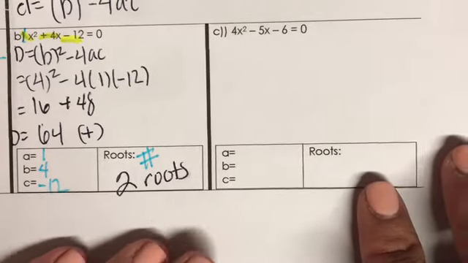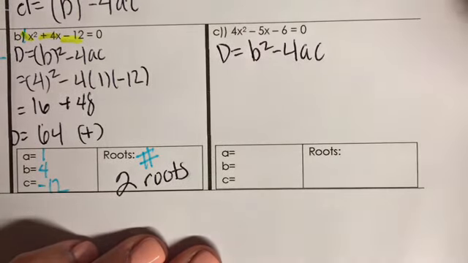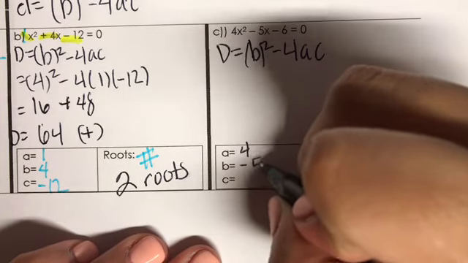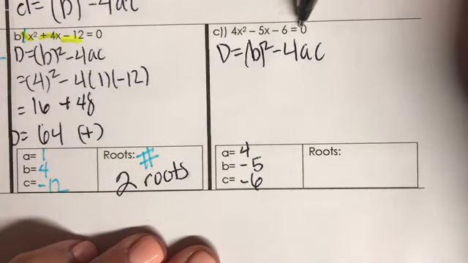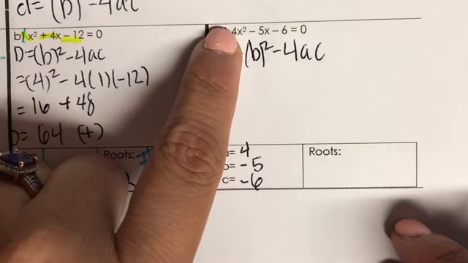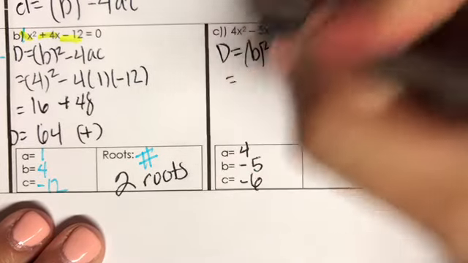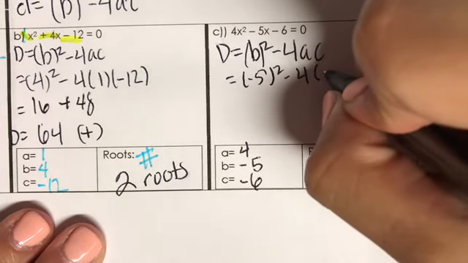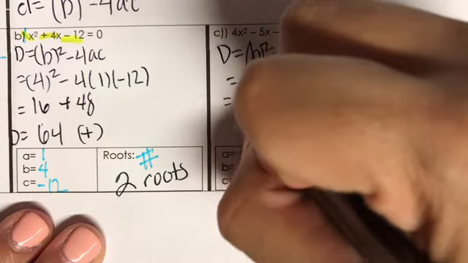Let's look at C. I see my A is 4, my B is negative 5, and my C is negative 6. It's easy when it's in correct order. So from the highest term down to the constant, I'm going to say equals negative 5 squared minus 4 times 4 times negative 6 equals 25.